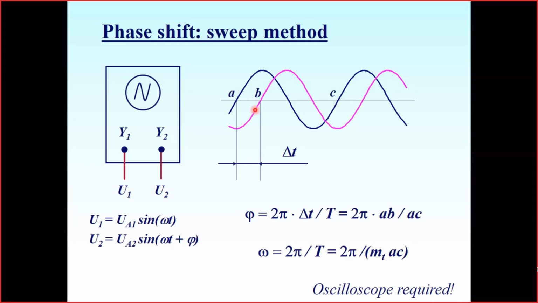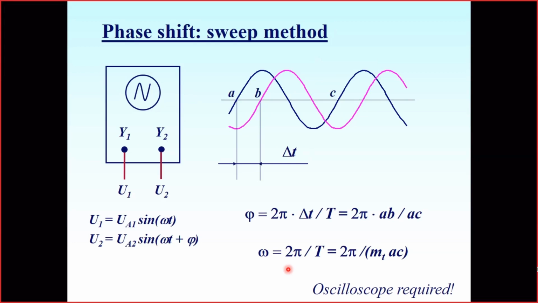So if we shift the whole violet line up, this point moves left, and we measure the wrong time delta t. That's why we have to be sure that our zeros are not shifted, and then we may use this method for the measurement of the phase shift for the non-shifted signal. The drawback of the method is obvious. We need an oscilloscope for this. The oscilloscope is quite a bulky device.